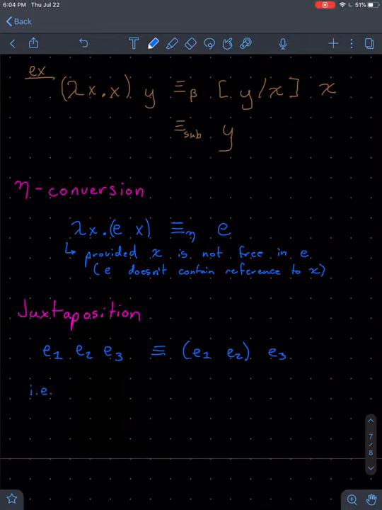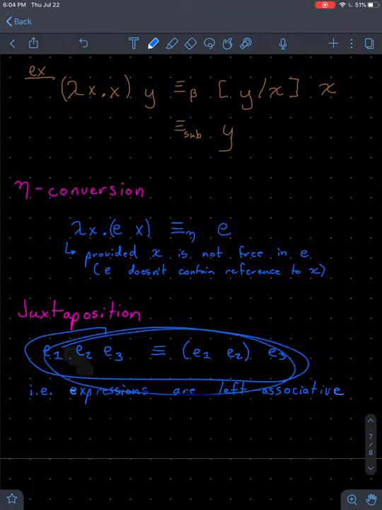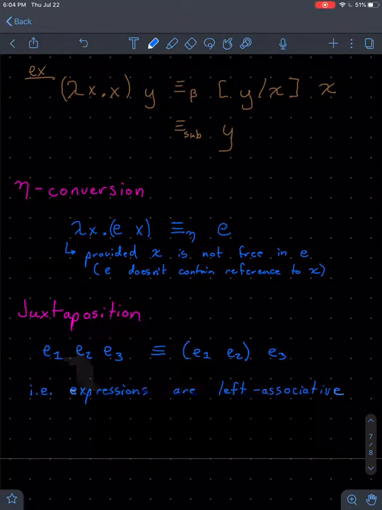I.e., expressions are left associative. Any questions? And I think earlier, this was the rule that was getting us hung up on those last two examples. So hopefully that clears that up.